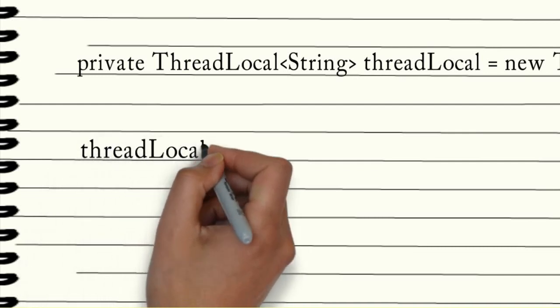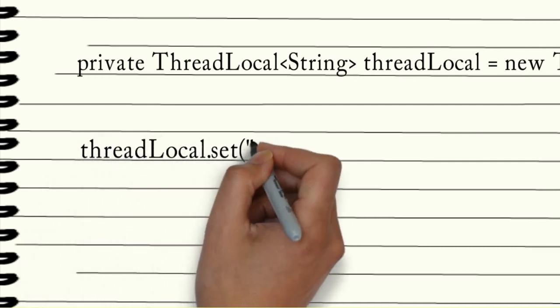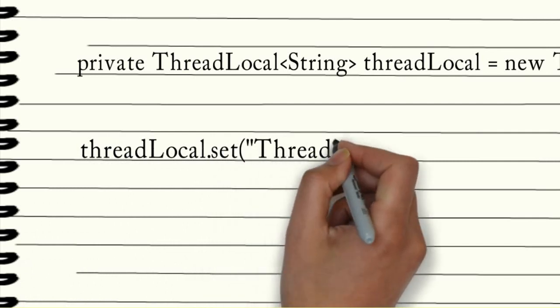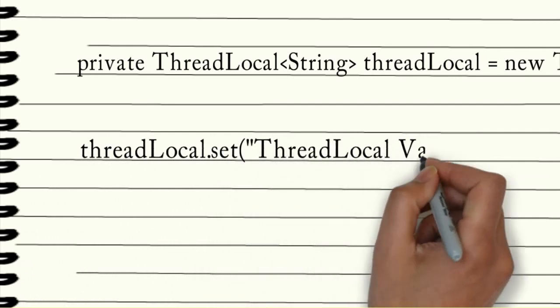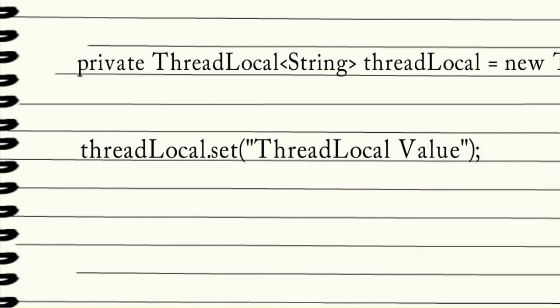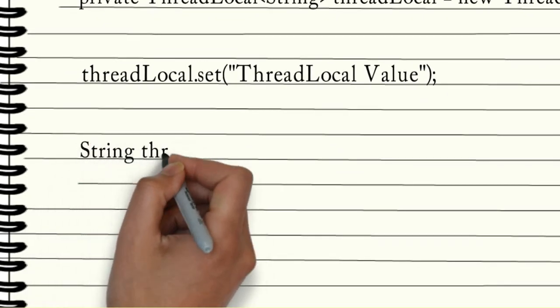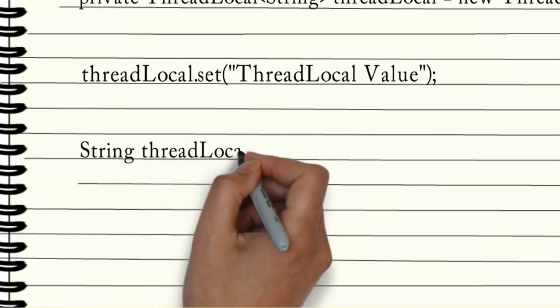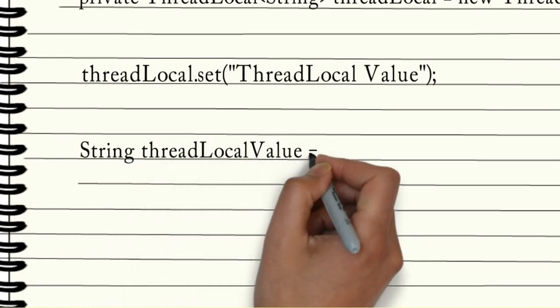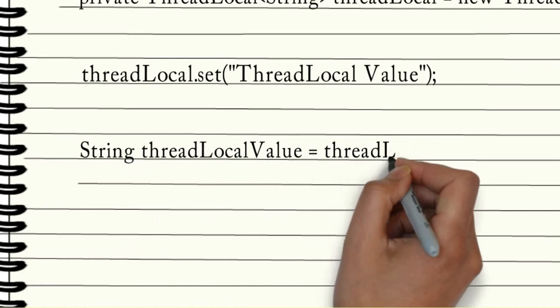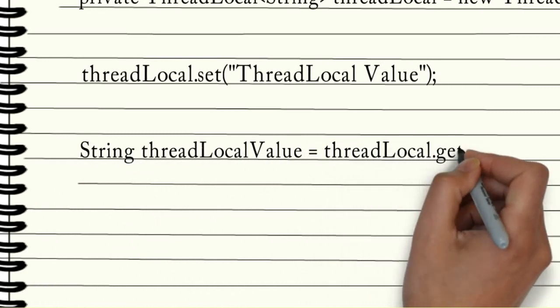I have done it here for the string. To set the value of the object, we will simply call the set method on the variable and pass the value of the object. Here I have given the string value. To get the object value, we will simply call the get method on the variable and assign that value to a string variable.